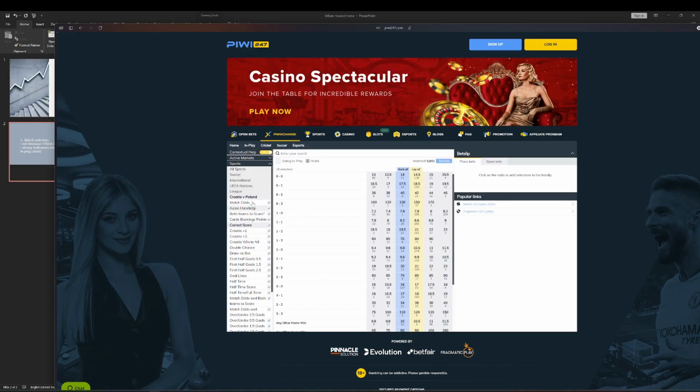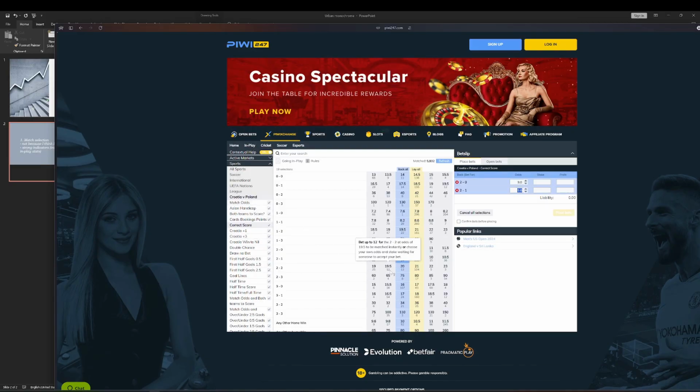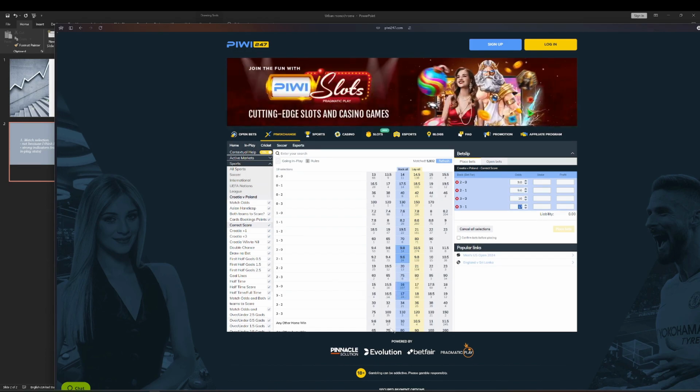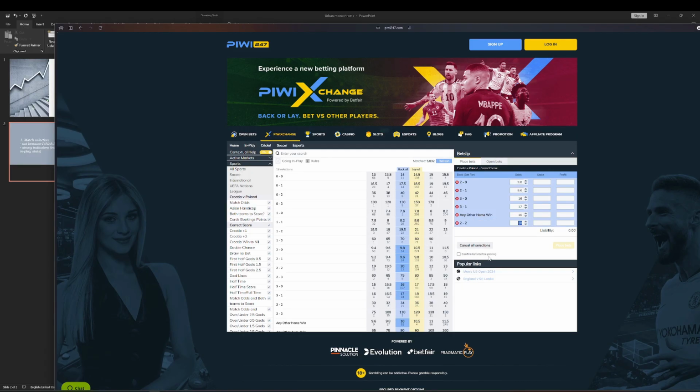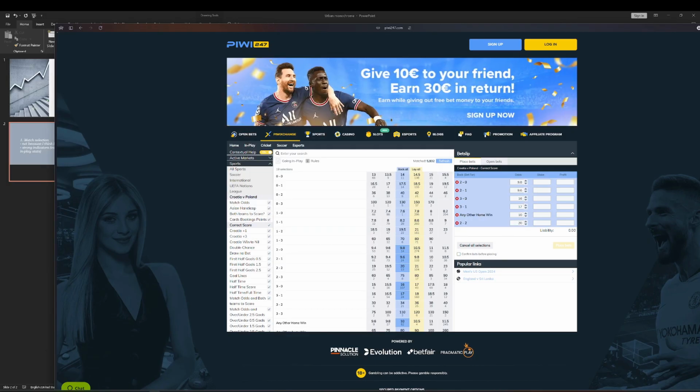So for this game, for example, I could go with 2-0, 2-1, 3-0, 3-1, maybe even any 3-3, maybe not, but maybe any other home win. I could add 2-2 because it's very cheap at the odds of 20.